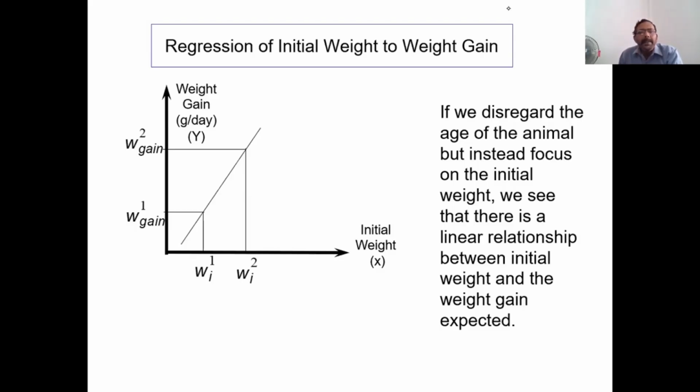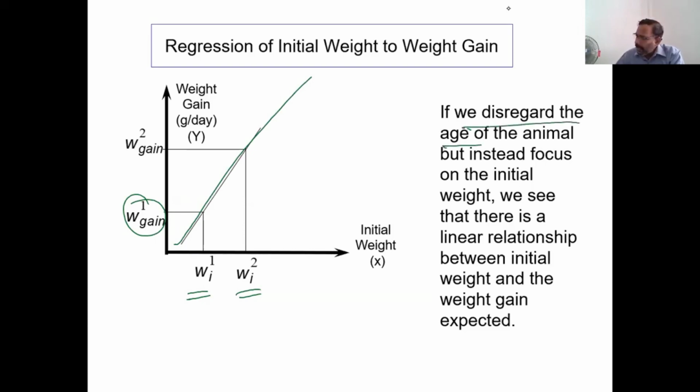To explain this regression part: the regression of initial weight to weight gain. We are comparing the initial weight and the weight gain. The relationship between initial weight and weight gain for each animal, the first and the second, is linear.